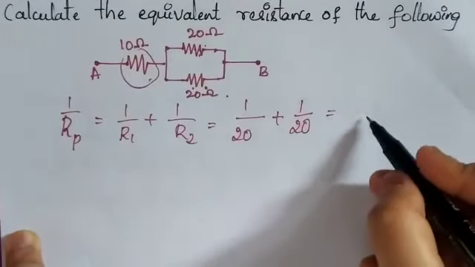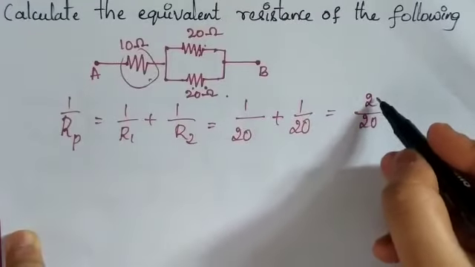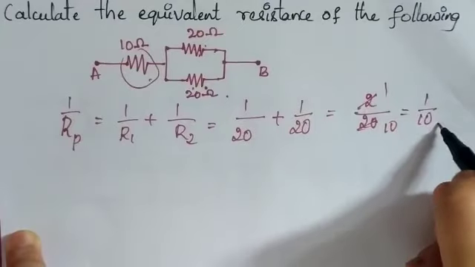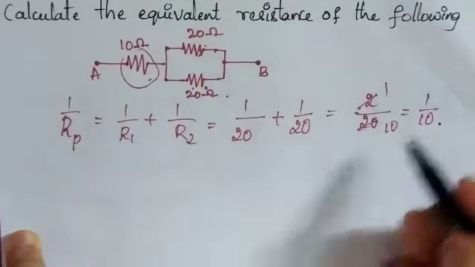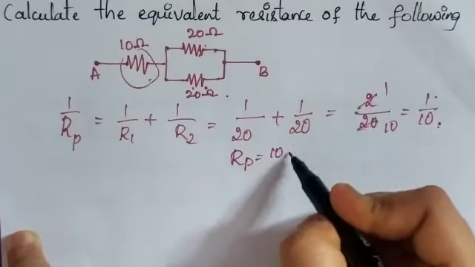The LCM is 20, so 1 plus 1 is 2, and 2 over 20 gives 1 by 10. So 1 by Rp is equal to 1 by 10, and Rp is 10 ohm.